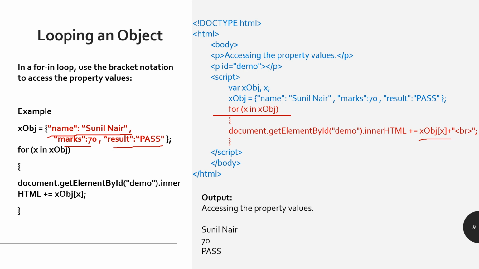Initially the first pair is considered and only the value is displayed. That is the first one. During the next loop the second value is displayed, and finally the third one. This is about accessing an object using a loop.